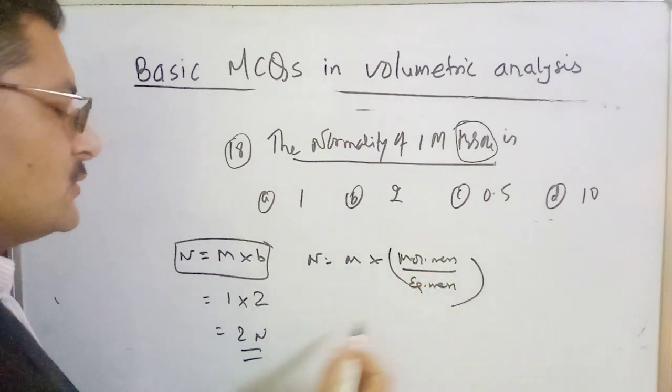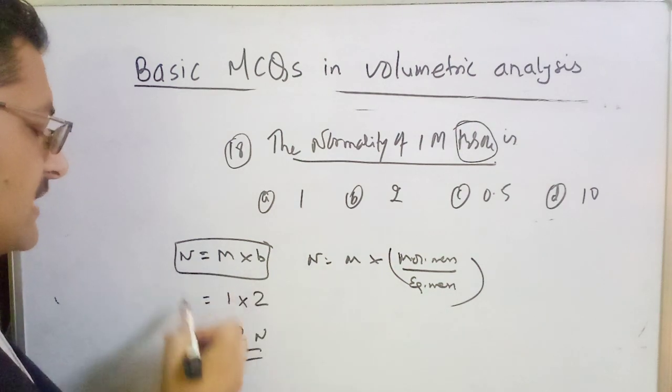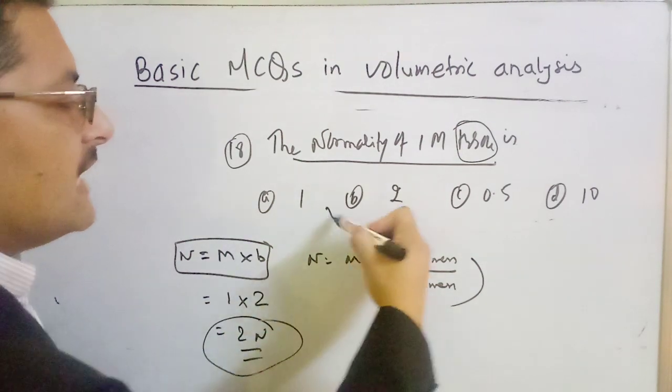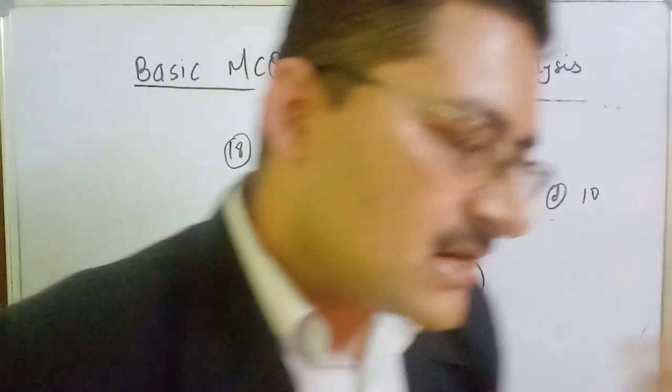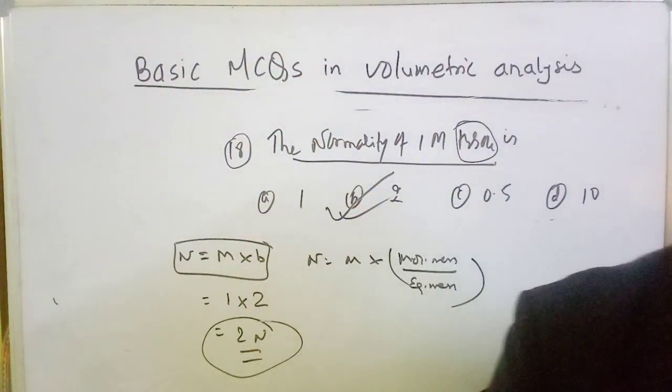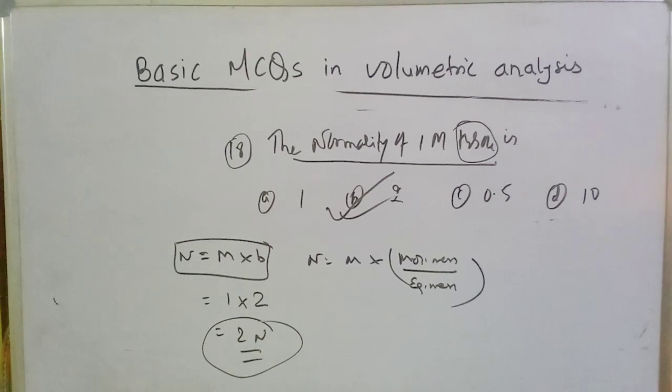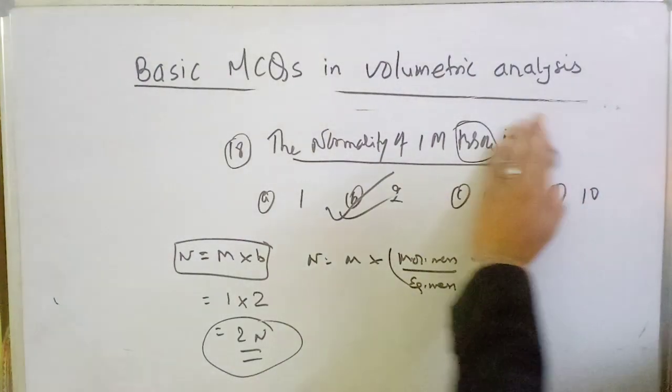Whatever you use, the normality is 2 normal, so answer is B. So you can easily convert the normality into molarity or molarity into normality if you have the relationship. So this is number 18. And finally we go to number 19.